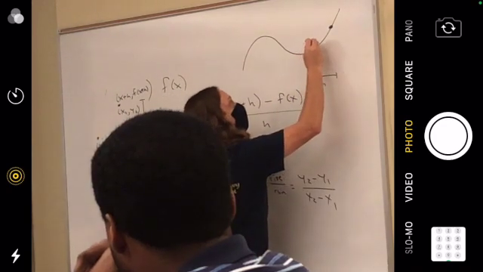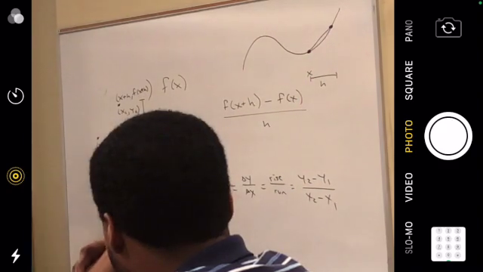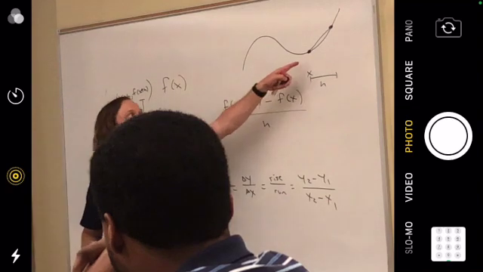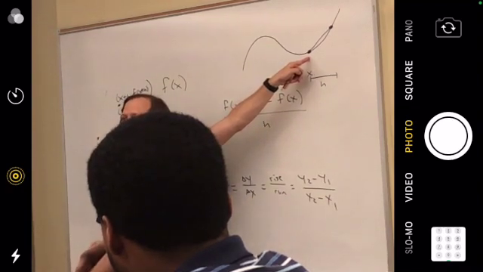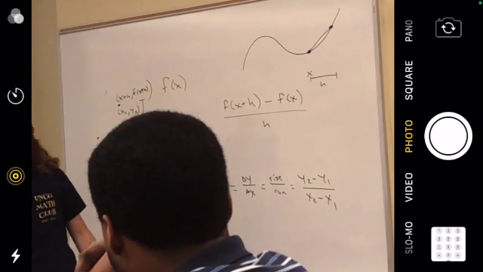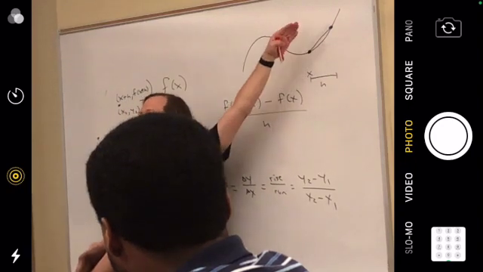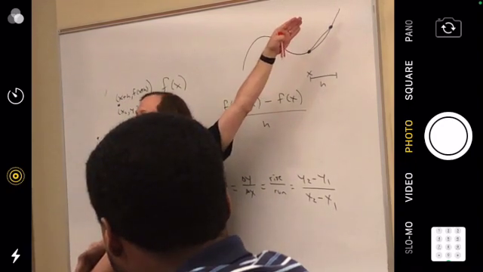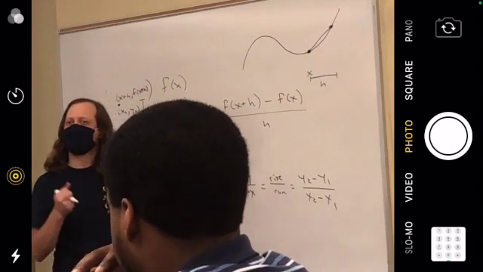I'm finding the slope of this line. Is that going to be the exact same slope as if I started here? Probably not. So what can I do? Here I'd say my slope is a little bit positive. Here it's a little bit too positive, right? I overestimated. How can you get a better estimate?